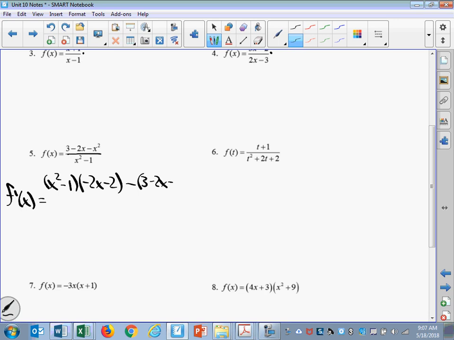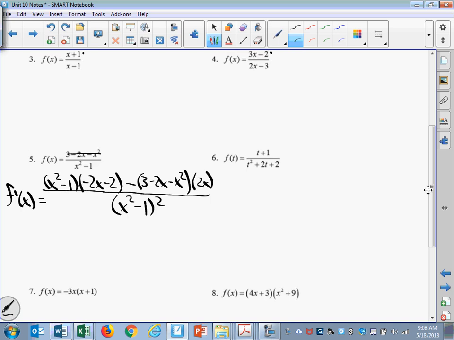D low is just 2x, all over the denominator squared. There it is. Leave it alone. Don't touch it. If you touch it, it's going to fall apart. I just leave it. I don't want to simplify it, and you probably don't either. Like I said, we're just trying to learn the quotient rule and product rule right now. I believe you can do algebra. I believe in you, but right now we're not learning algebra.